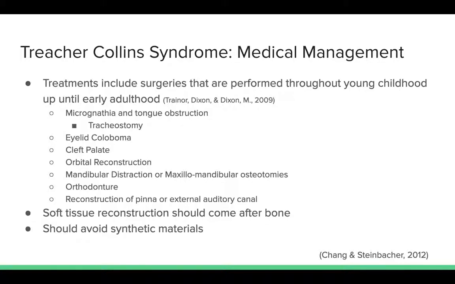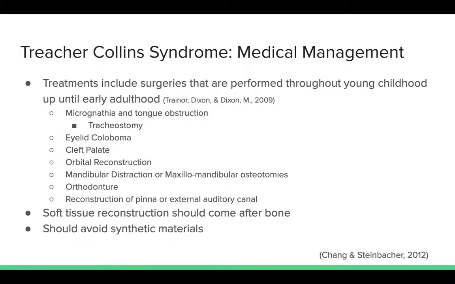In the very early stages of life, the infant can have eyelid coloboma and cleft palate surgery. So eyelid coloboma is a thickened eyelid, so the surgery would be to remove some of the thick skin that surrounds the eye. Cleft palate surgery helps mend the soft palate.